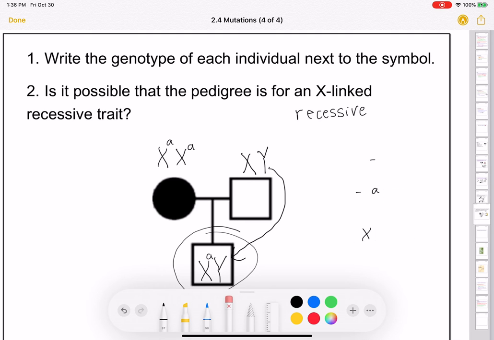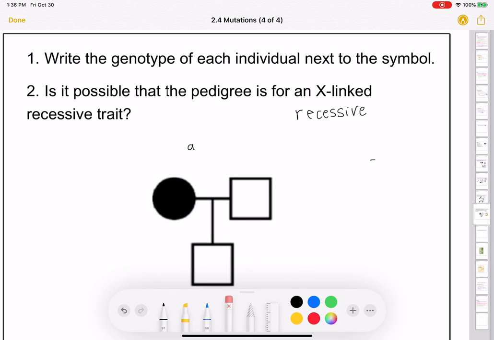So erase all that. We've got to start over. So it's not X-linked, but it could be autosomal. I was already starting on it being autosomal recessive at the very first. When you've done millions of these, you can see it right away, but I just wanted to show you that process.